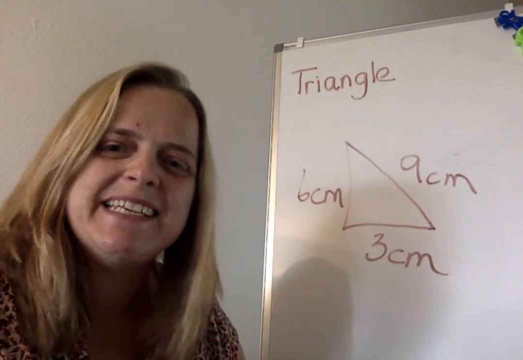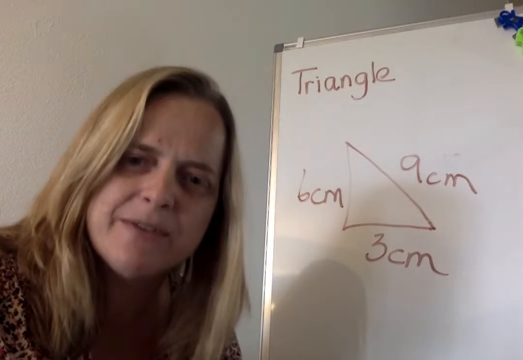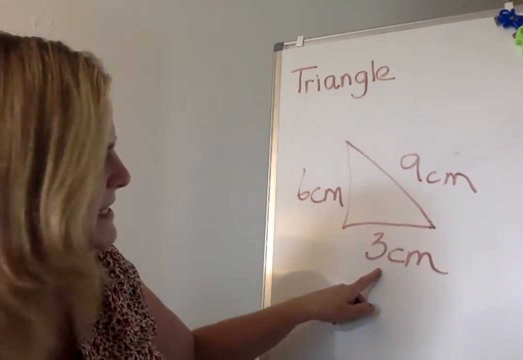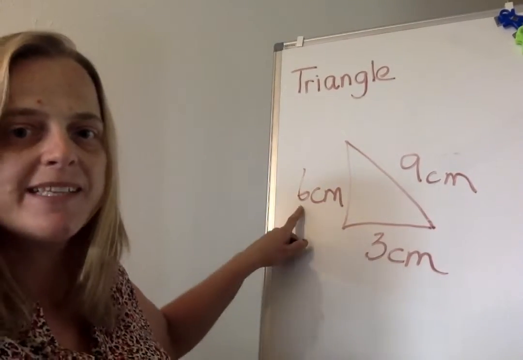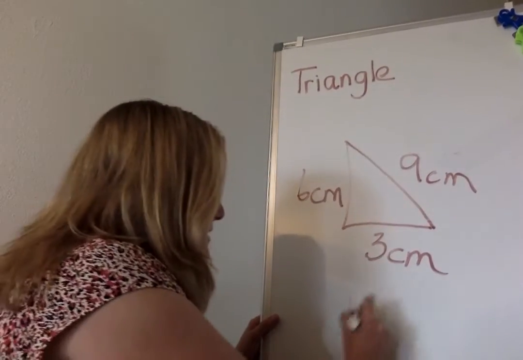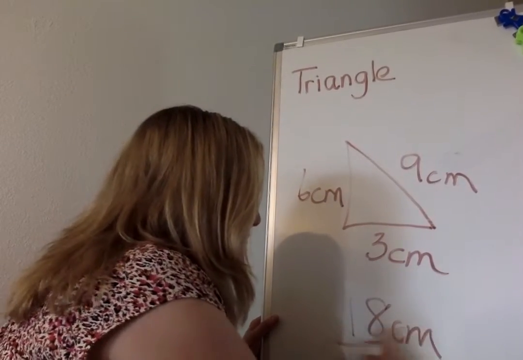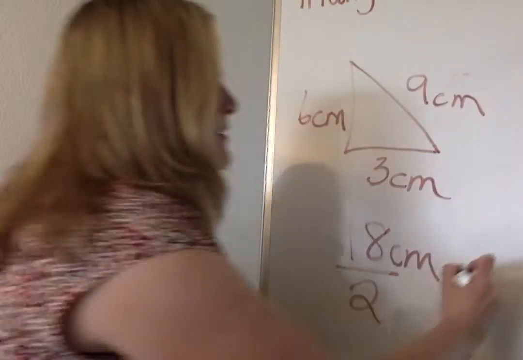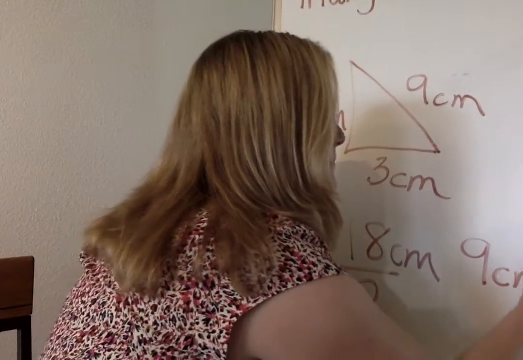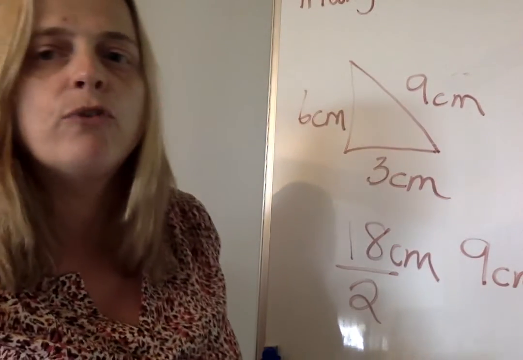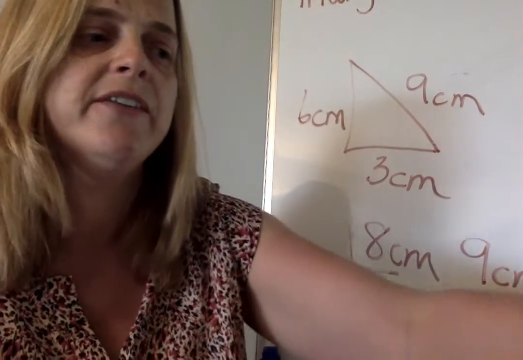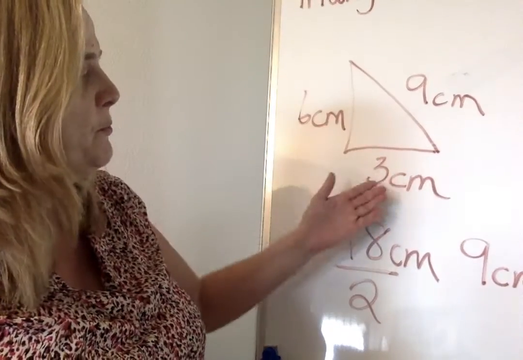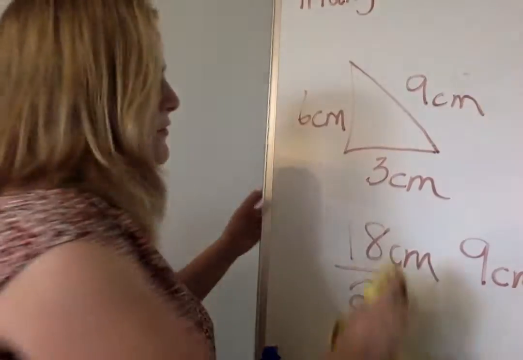That's not so easy to multiply with, right? A decimal. So what if I just did base times height? 3 times 6 is 18 centimeters, right? Now divide 18 by 2 and you get 9 centimeters squared. That's why I learn the formula both ways. I learn how to either half my base or do base times height divided by 2.